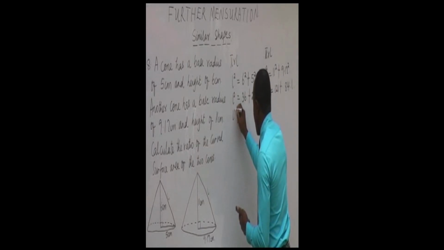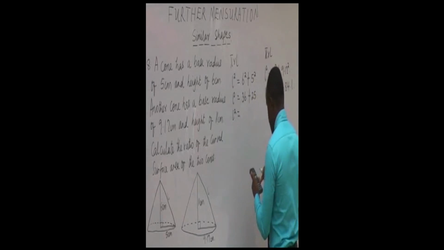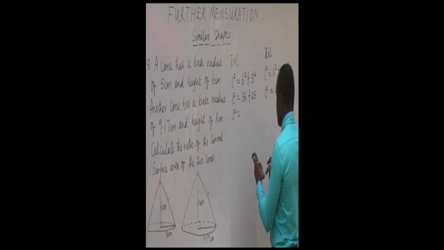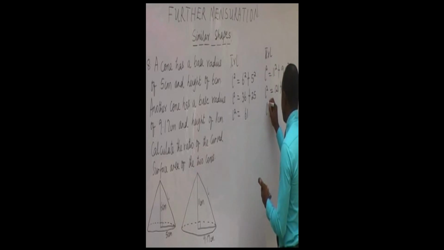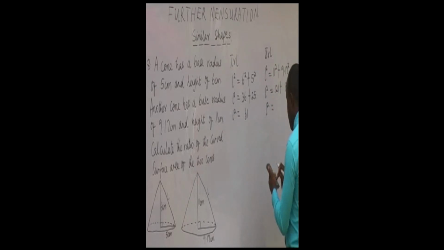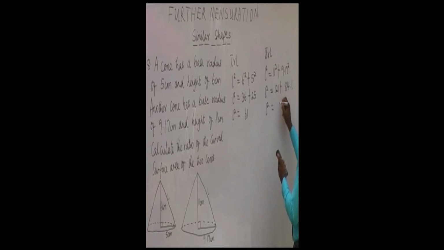In this case, our L squared is going to be 36 plus 25, 61. In this case, our L squared is giving us 121 plus 84.1, 205.1.